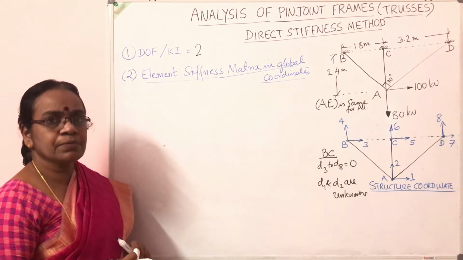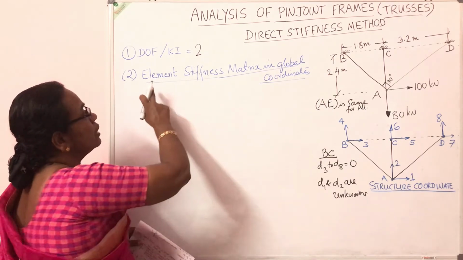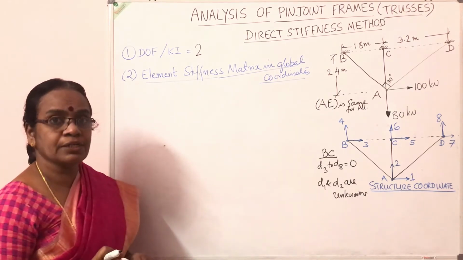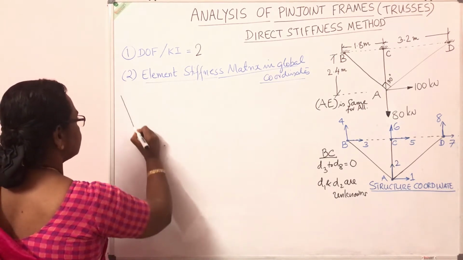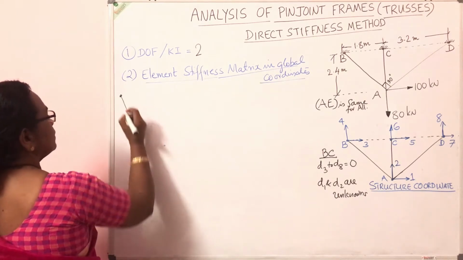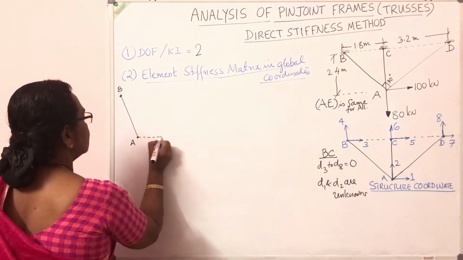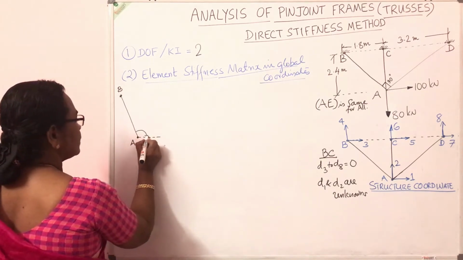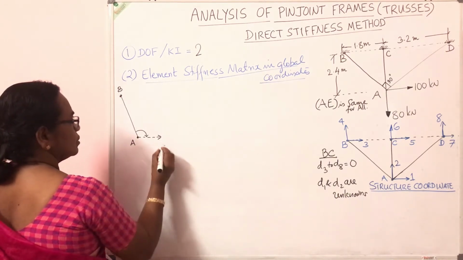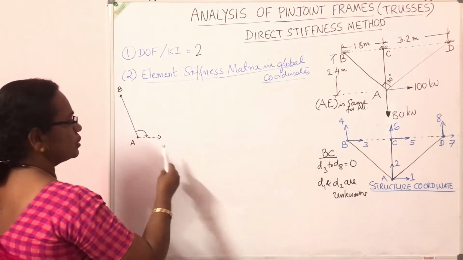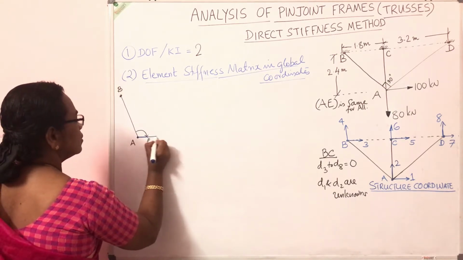Now coming to the second step, the element stiffness matrix for the truss element in the global coordinate direction. Global coordinate direction means we consider the element AB. This is element AB. The angle of this element is measured from the element to the positive x direction; this is direction 1, the displacement direction at the first node.